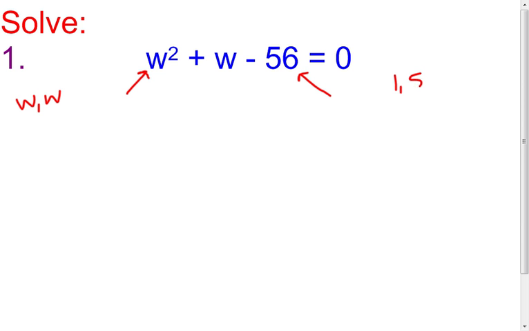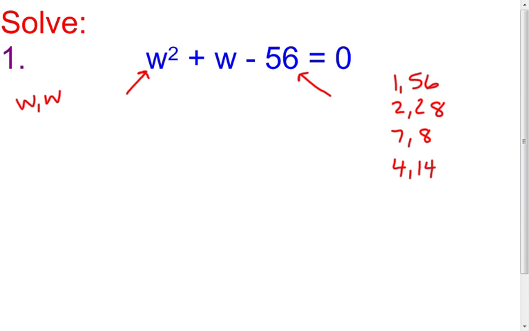So I could have 1 and 56, I could have 2 and 28, 7 and 8, and I think that's it. Let's see, 4 and 14 could work too.